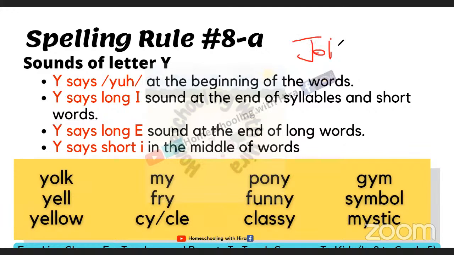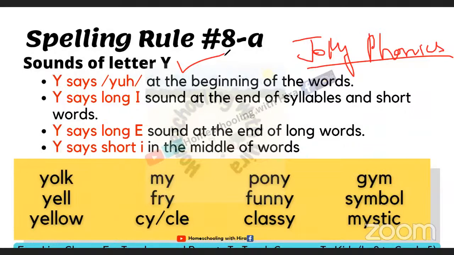Jolly Phonics, but I'm teaching you here as well. In Jolly Phonics, when we start teaching kids the alternative spelling, this is one of the rules that we teach there. There are rules for alternative spellings, okay? Many of the alternative spellings of vowels have rules. If you want to learn the rules for the alternative spellings of vowels, I welcome you to my channel, Homeschooling with Hira.